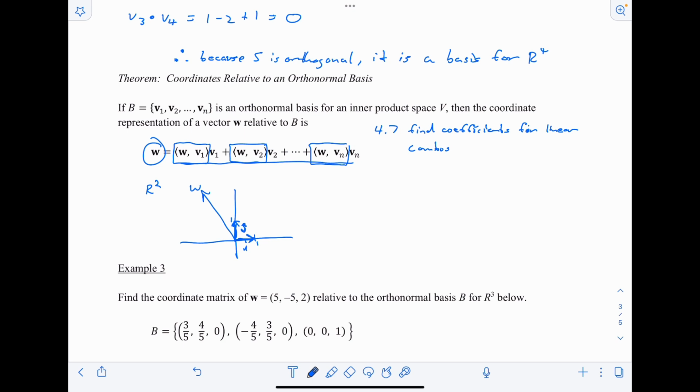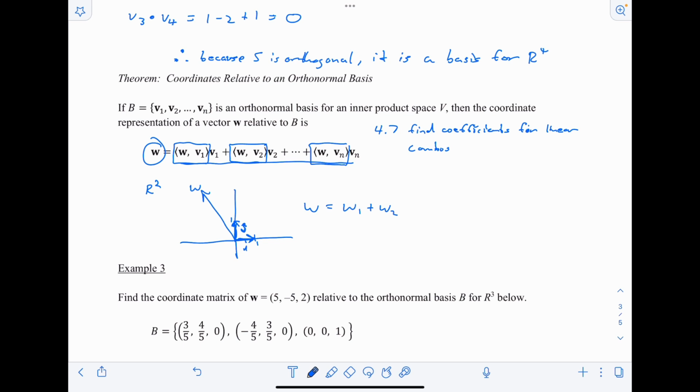What we're in essence doing, in R2 at least, is figuring out how to represent W as the sum of two other vectors. Okay, so I'm looking at how do I create W as a linear combination of two other vectors, W1 and W2 we'll call them.